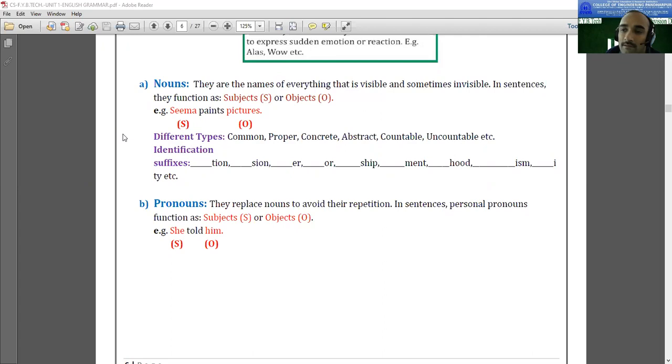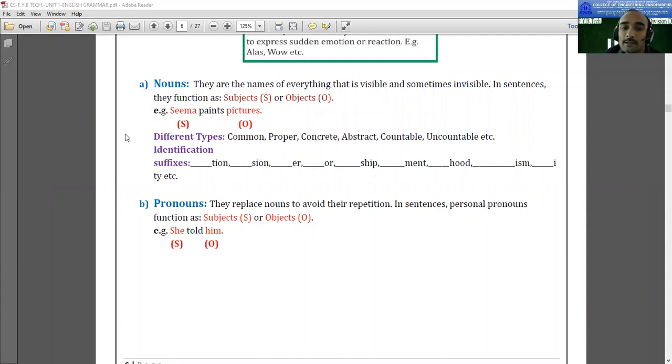We are learning it from 1st standard or 5th standard. Tell me the noun. What is the noun? Yes. Noun, sir. Yes, noun.